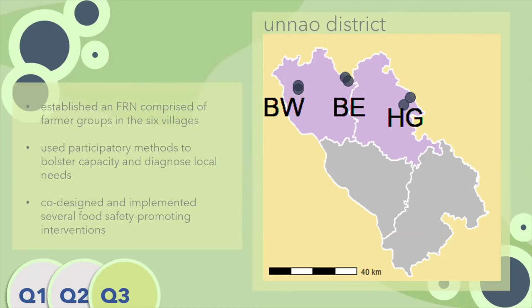So we use participatory methods to bolster capacity and to diagnose local needs. And the output of this process was that we were able to co-design experiments together with farmer communities and implement them to test the efficacy of food safety promoting interventions.